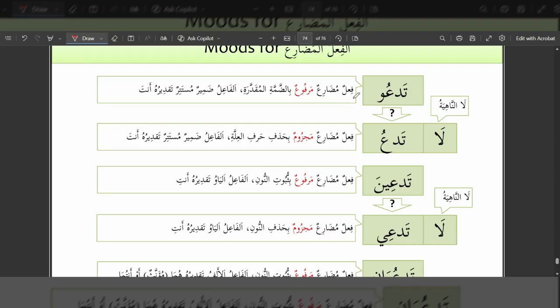So when we analyze it, it's فعل مضارع مرفوع بالضمة المقدرة. That is present tense in the marfu form with a hidden dhamma. The fa'il is ضمير مستتر تقديره هو. So that means the doer here is a hidden attached pronoun which is anta. So it's clear to us that it is not she, it is in fact anta, you.